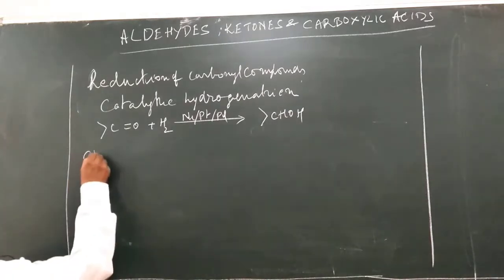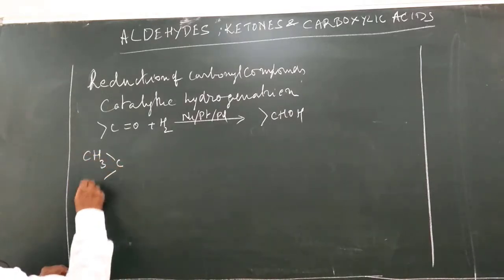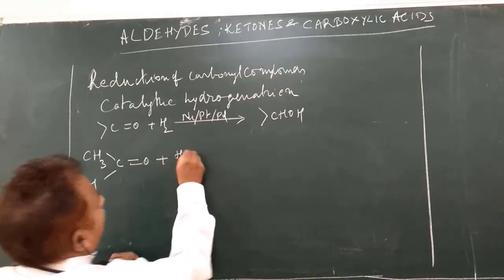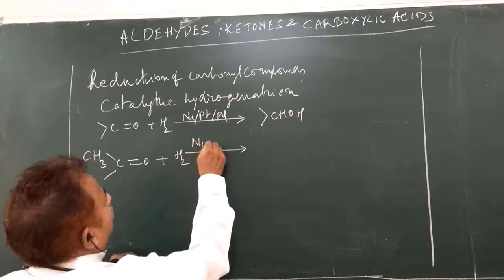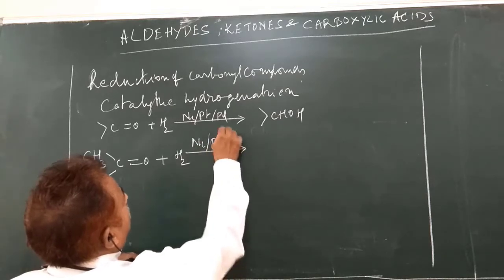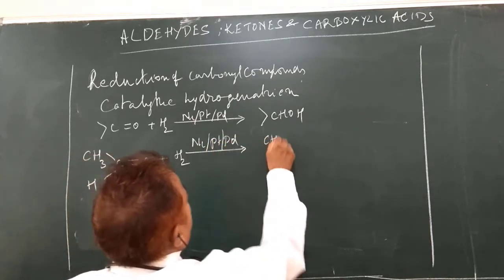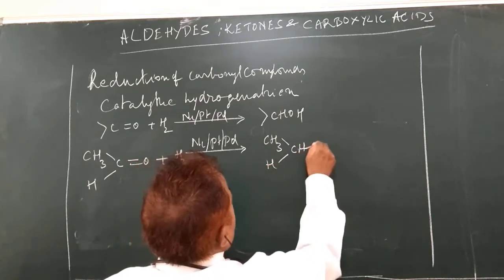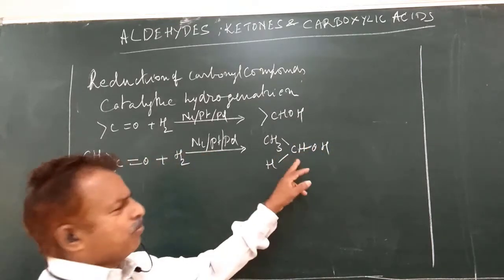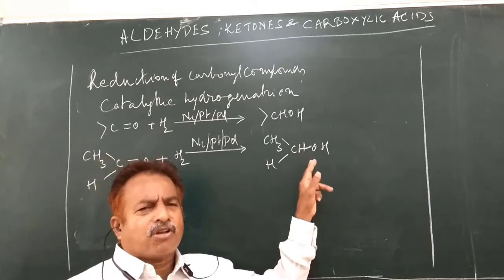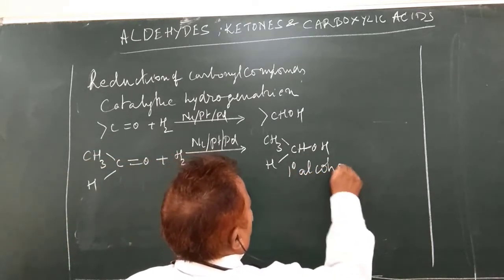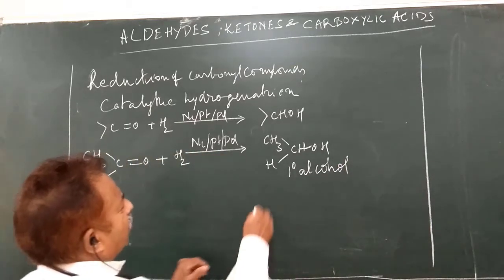So aldehyde CH3CH double bond O plus hydrogen in the presence of nickel, platinum, palladium, we get CH3CH2OH. So here there are only 2 carbon atoms, therefore it is ethyl alcohol or primary alcohol.